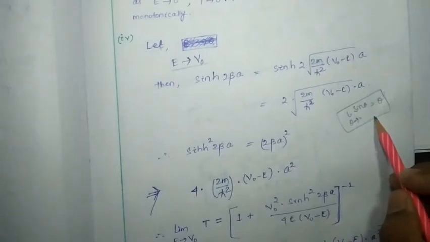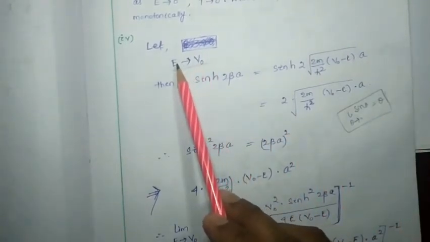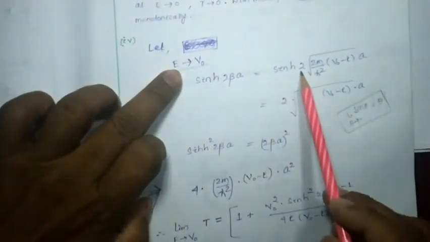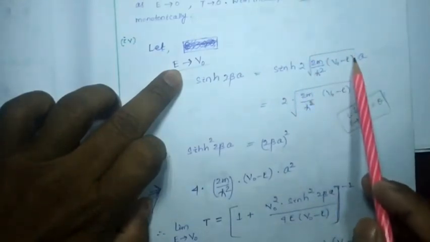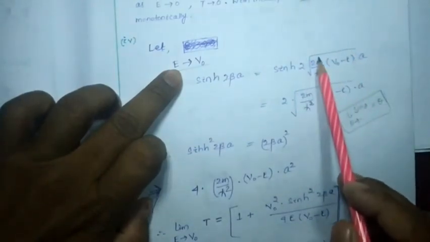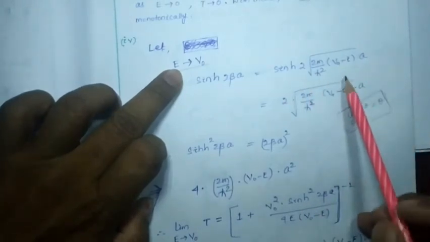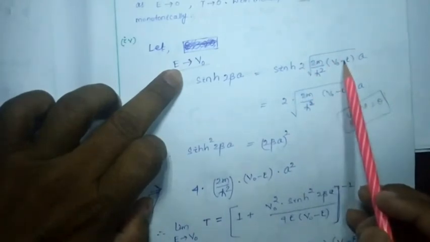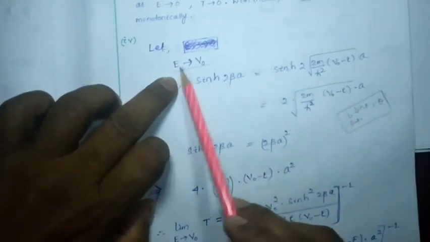So here you can see when V0 tends to E, or E tends to V0, this θ part is going to tend to 0, or be minimum. So only for that we can write sinh θ equal to θ when E tends to V0.